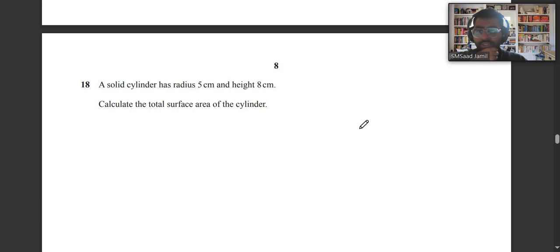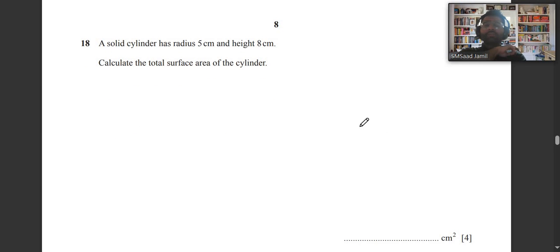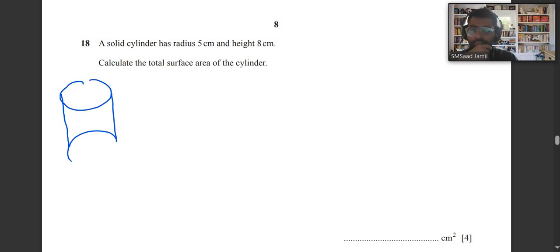A solid cylinder has radius 5 cm and height 8 cm. Calculate the total surface area of the cylinder. So the question is basically saying this is the cylinder. This is the radius 5. Height is 8. Find the total surface area.